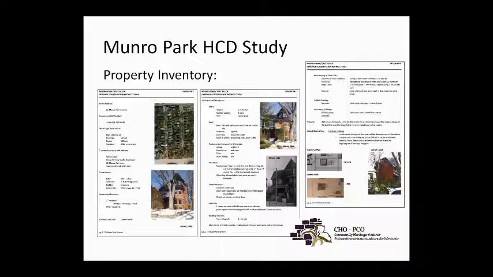It examined the built features. What are the attributes? There you see part of a streetscape for Neville Park within this Heritage Conservation District.